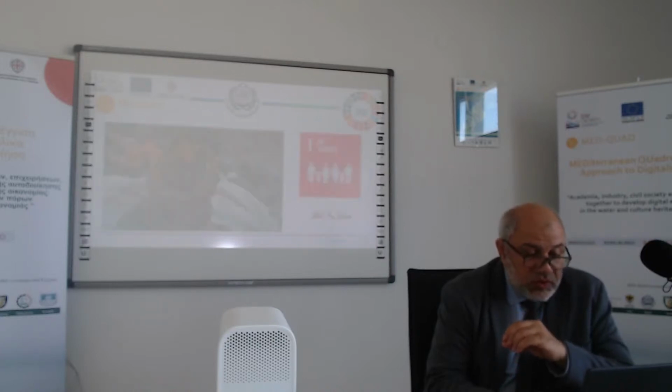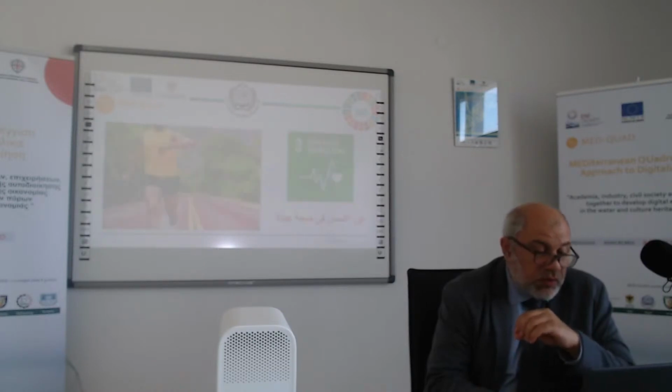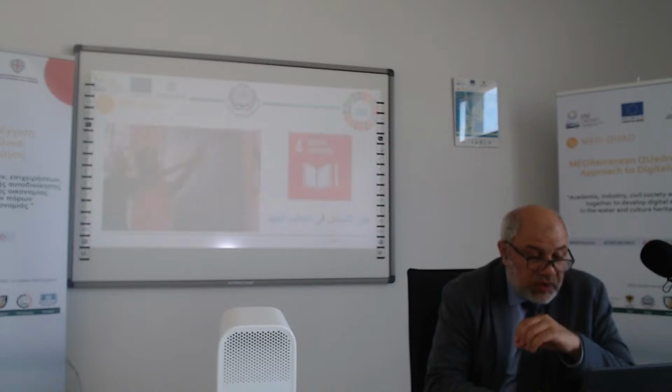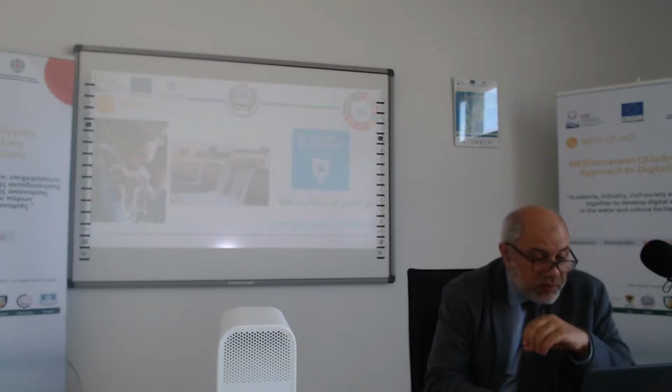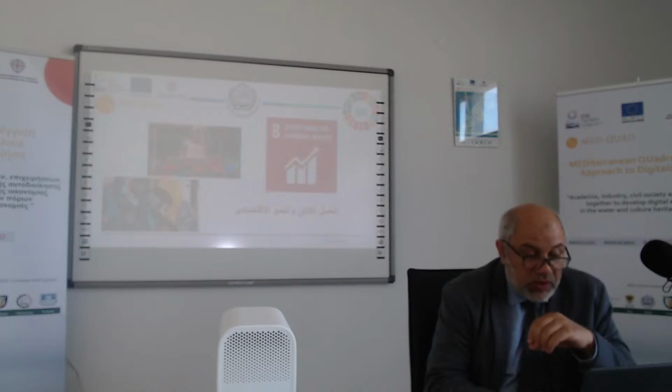These 17 goals are the right of human beings: to live with no poverty, with zero hunger, to have good health and well-being, good quality of education, gender equality, clean water and sanitation, affordable and clean energy, and decent work and economic growth.